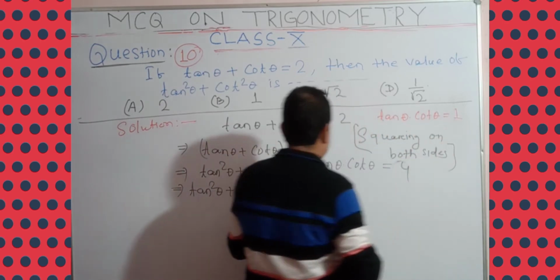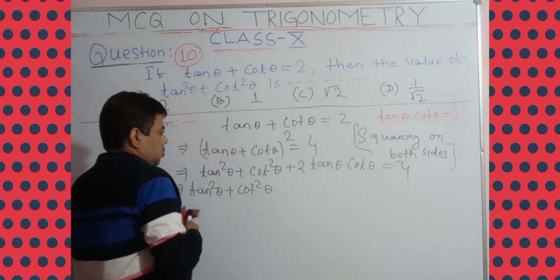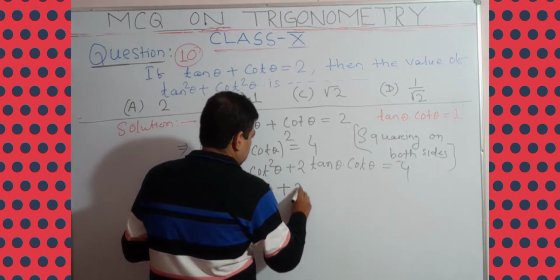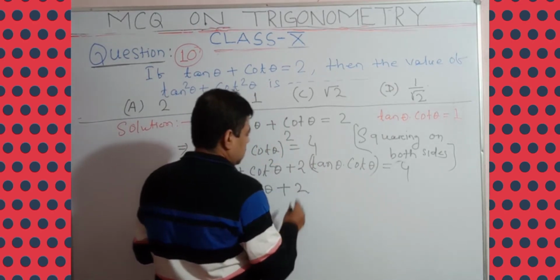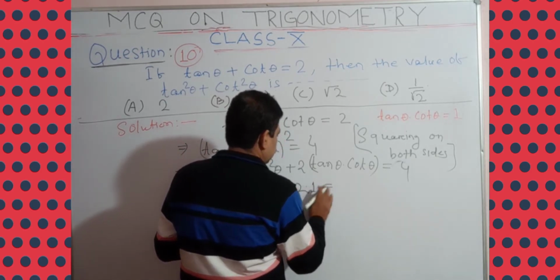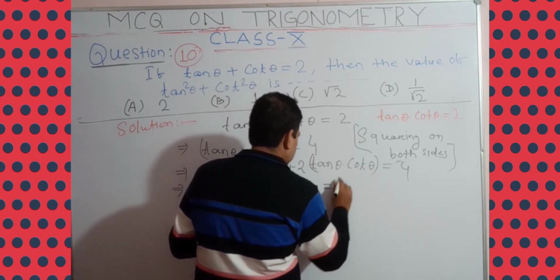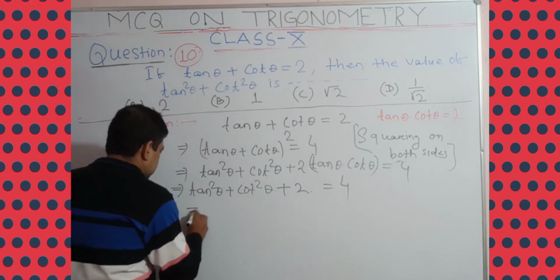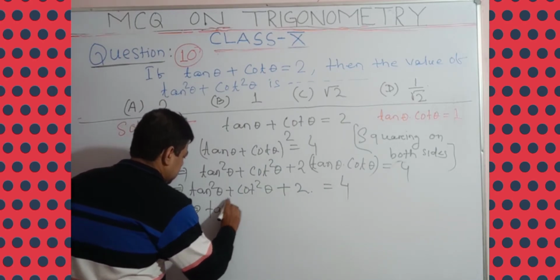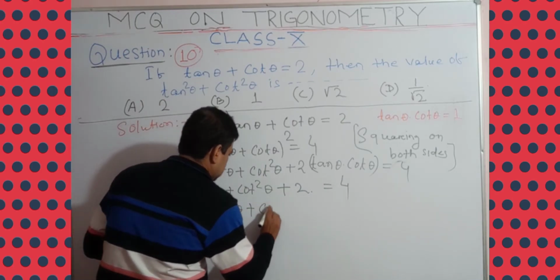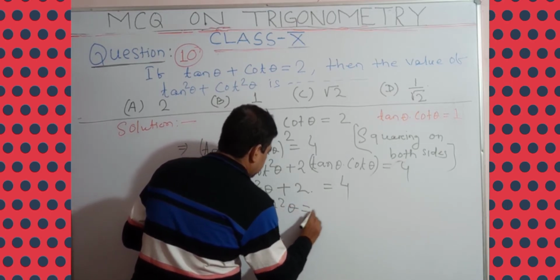Yes or no? So it will be plus 2 into 1, which is 2. So it will be 4. That implies tan square theta plus cot square theta is equal to 4 minus 2, which is 2.